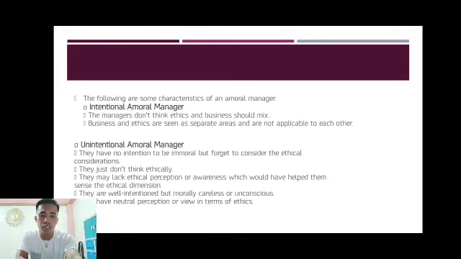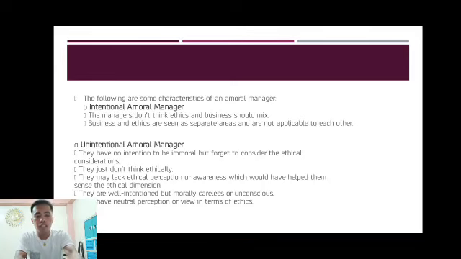They also just don't think ethically. They may lack ethical perception or awareness, which would have helped them see the ethical dimension. They are well intentioned but morally careless or unconscious. They have a neutral perception or view in terms of ethics.